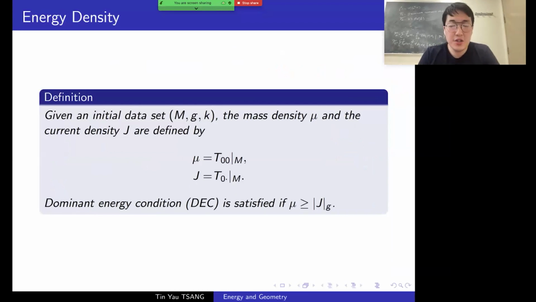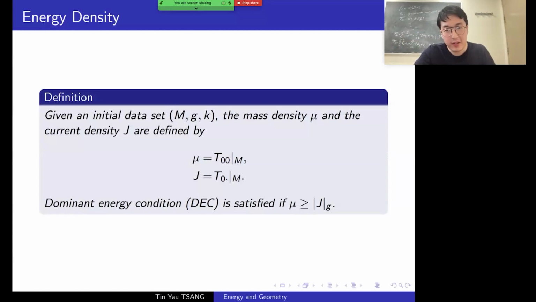So now, given initial data sets, we can define the mass density and current density as follows. The 0 here means the time-like normal. So mu is T_00, and then J is T_0 dot, the vector, where the dot means direction tangent to the manifold M. The dominant energy condition is satisfied if mu is greater than or equal to the norm of J. At this moment, you may say, do we need the whole space-time information to write down mu and J?